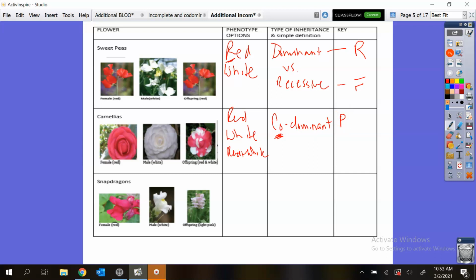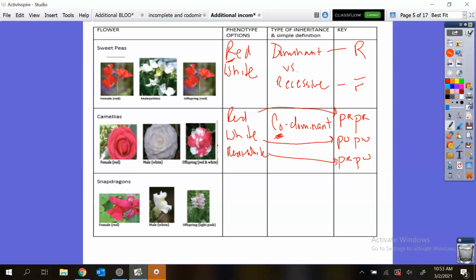So for red, you'd be homozygous dominant for red. Now for white, for the petal, we would be homozygous dominant for white. Now for red and white, you would have one of each and you write them alphabetically as superscripts.